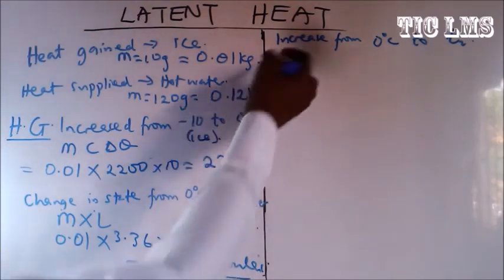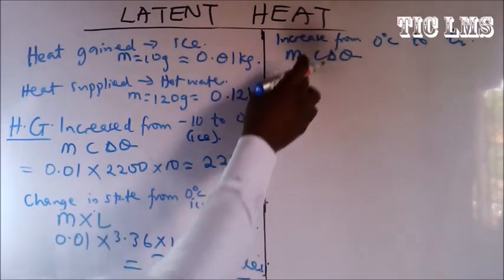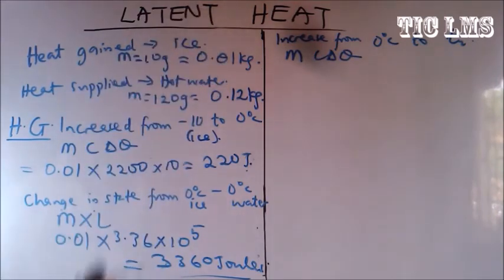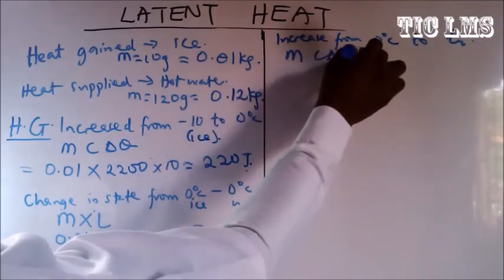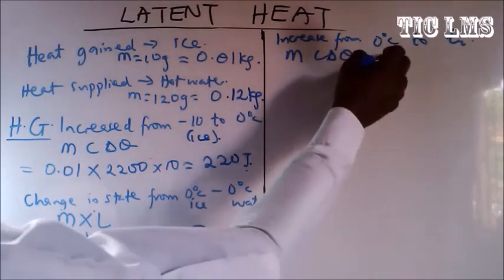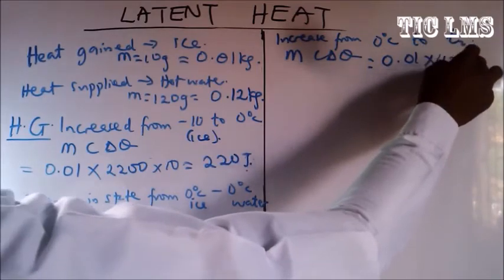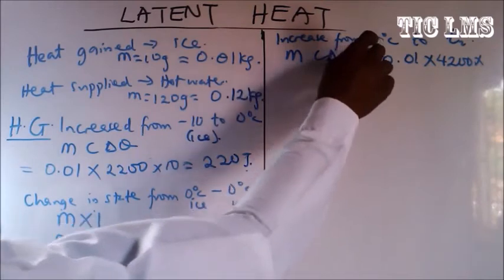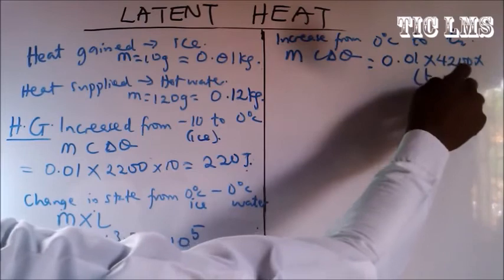Now for the third stage, we have an increase from 0 degrees Celsius to T2, which we do not know. So the heat gained here is mc change in temperature. Now this is the mass of the ice which has now turned into water, not the hot water. So the mass is still 0.01 times the specific heat capacity of water, which is 4,200, multiplied by the temperature change, T2 minus 0.